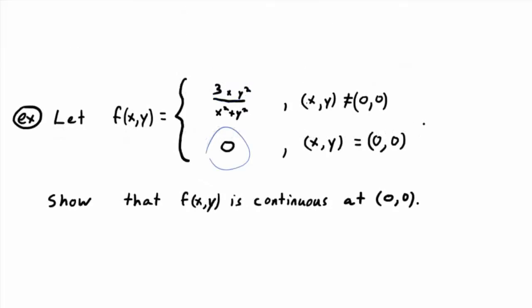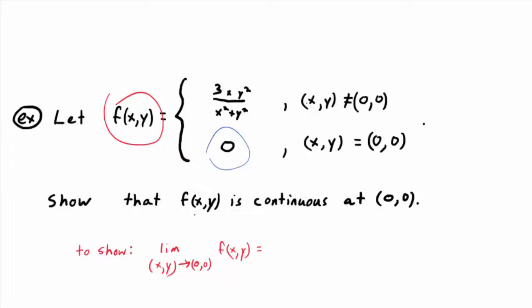What we really want to show, to show that this piecewise function is continuous at 0, 0, we have to show that the limit as x, y approaches 0, 0 of f of x, y equals what?